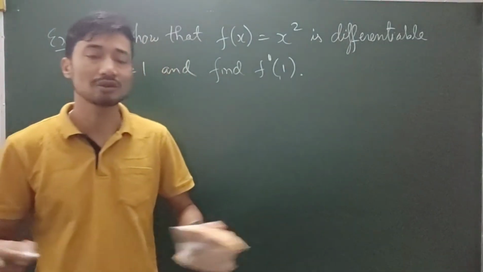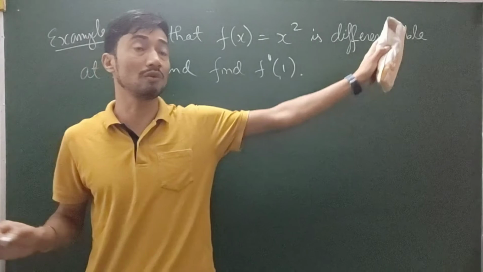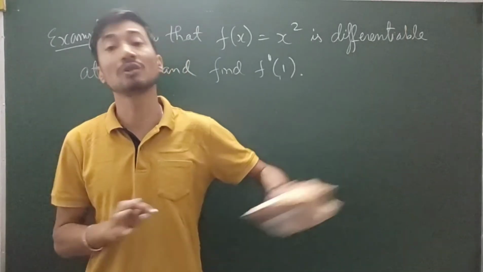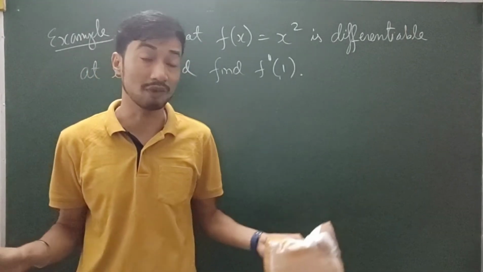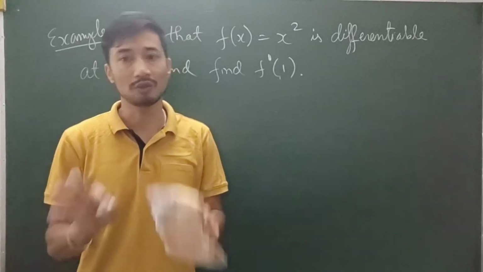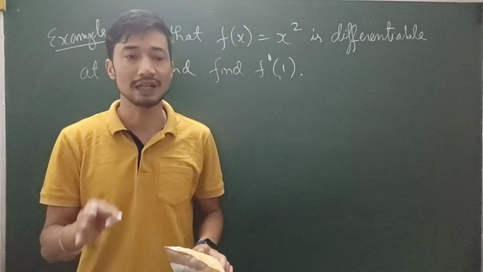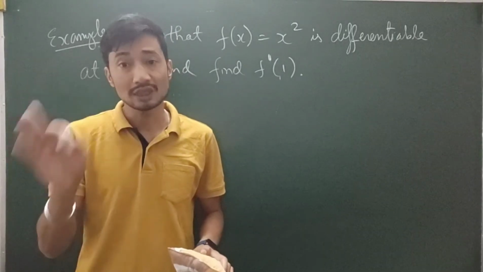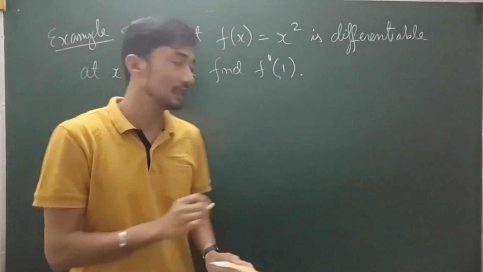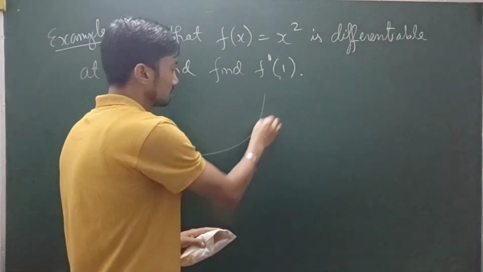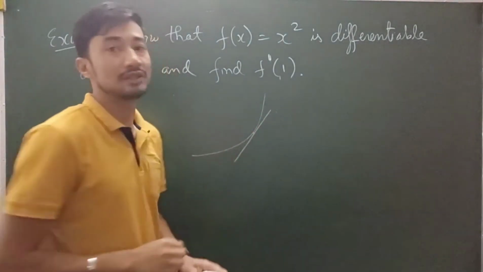Of course, if we go on talking about the whole concept, we could go on for the whole night, because they are very vast topics. But in brief, I hope you have understood. Differentiability at a given point simply means that at that particular point on the curve, I will be able to draw a tangent.